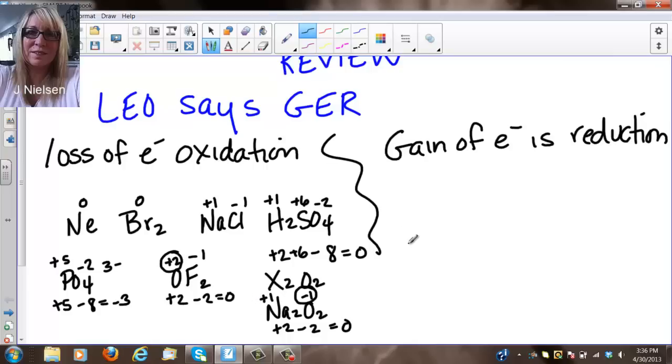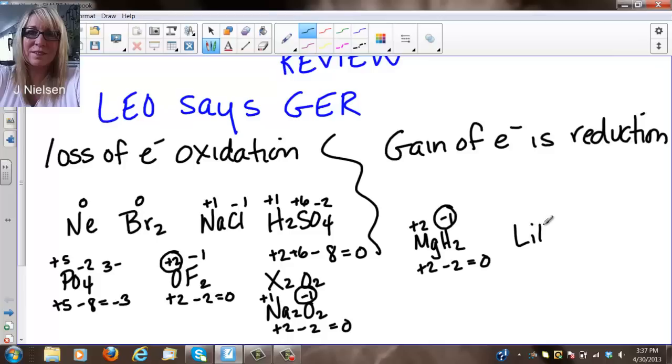The other exception to the rule is hydrogen. Hydrogen is always +1 unless it forms a metal hydride. If I have MgH2, my Mg is +2, which means that the net charge on hydrogen has to be -2 in order to equal 0, which means that each hydrogen is -1.